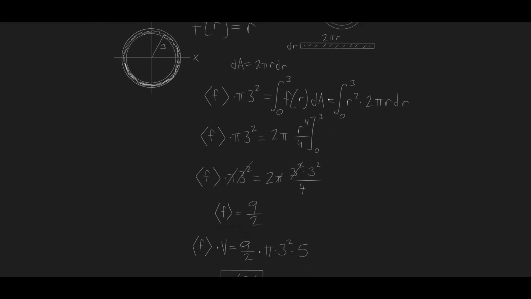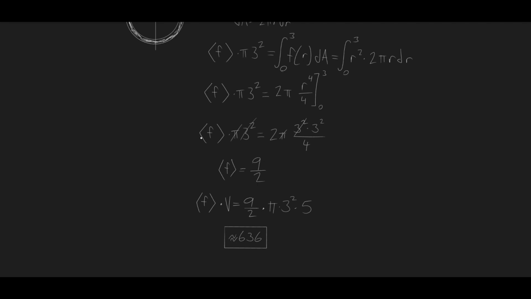When we solve the integral, we get 2 pi r to the 4th over 4 from 0 to 3. The average value of the function times pi times 3 squared equals 2 pi times 3 to the power of 4 over 4. We can simplify: we cancel out 3 squared on both sides, and we cancel out pi, and we find that the average value of the function is 9 over 2.